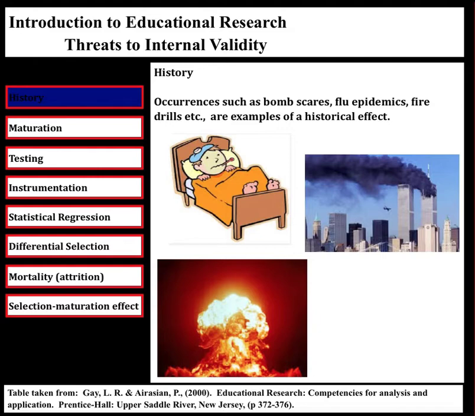You can see you have someone with the flu, so a bunch of people in the group being studied may get the flu, or how about 9/11, atom bombs? But anything that happens during the length of the research study, outside of the treatment, can be a historical threat.